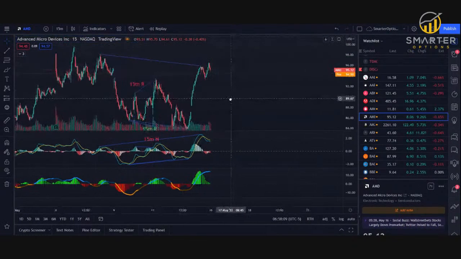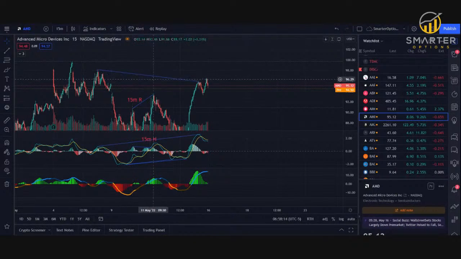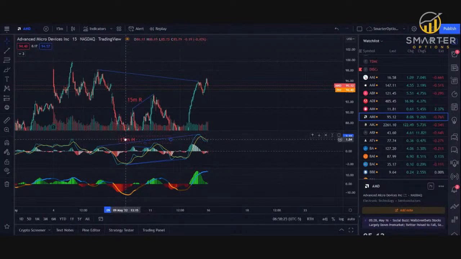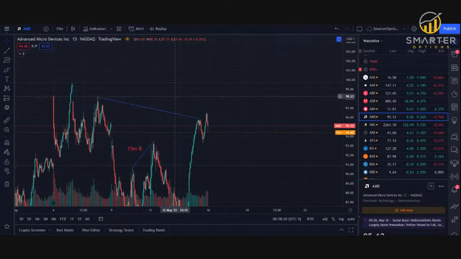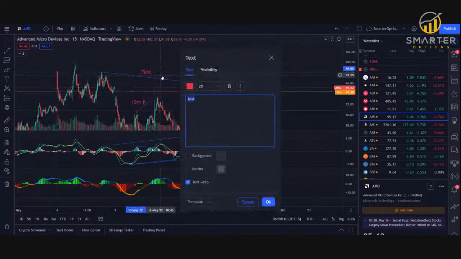All right. AMD has had some good ones, right? So lower highs, okay, lower highs, higher highs. This is a bearish hidden divergence up here. 15-minute hidden.